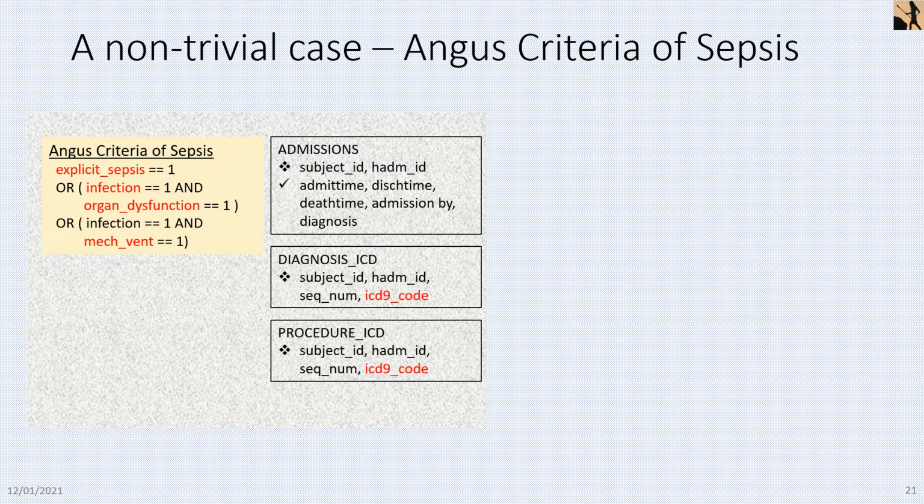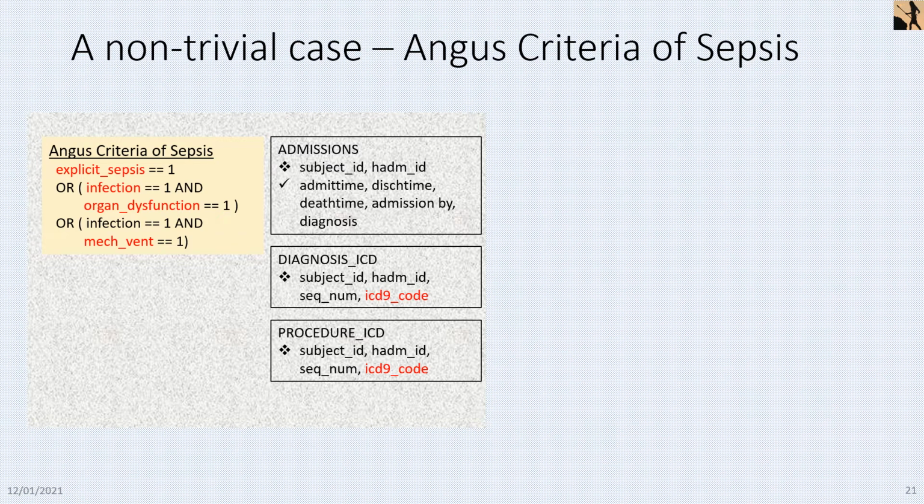This criteria in practice is actually just to create a cohort, the population of the objects we are interested in, right? So it's not to predict whether a person has sepsis or not. It's just to go into the database and pull out all the sepsis patients as a cohort.